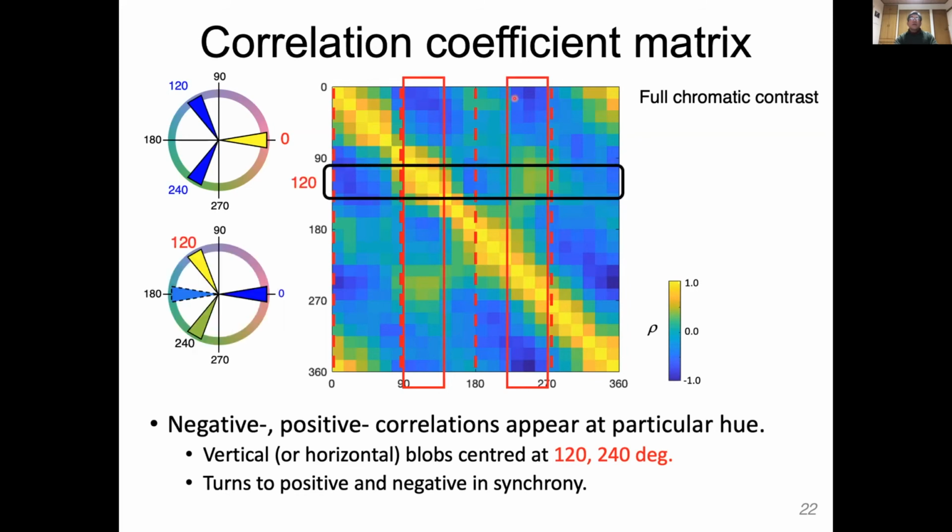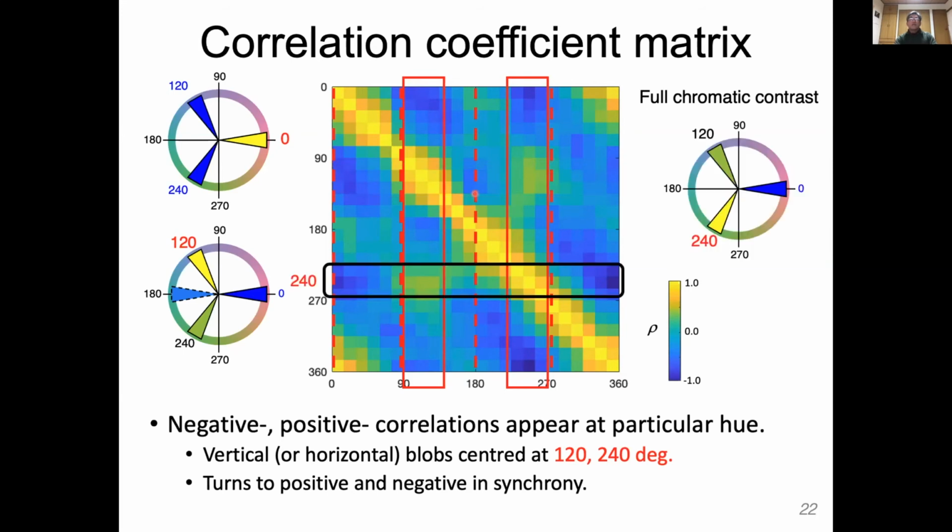When you switch the hue of attention to 120 degrees, for example, it shows a strong 1.0 correlation, the 0 degree system shows a strong negative correlation, the 240 degree system shows a mild positive correlation, and 180 degrees seems to show a weak negative correlation.